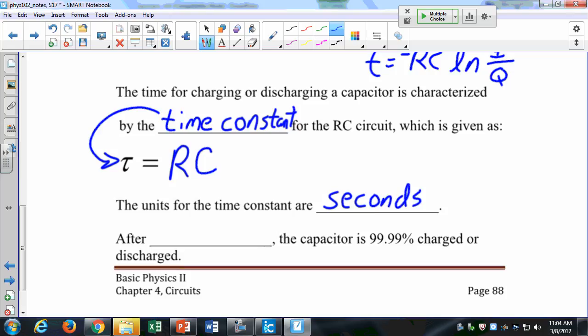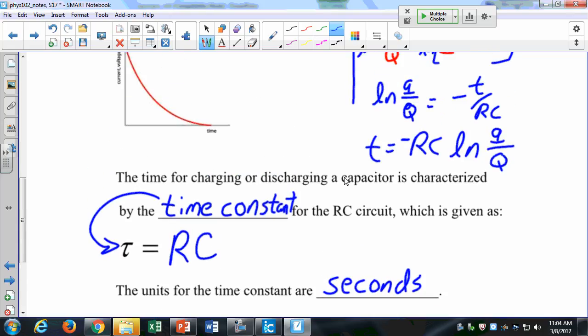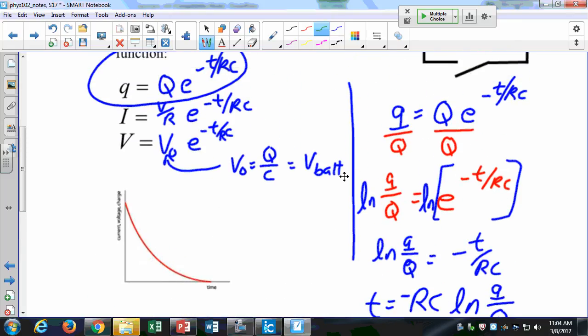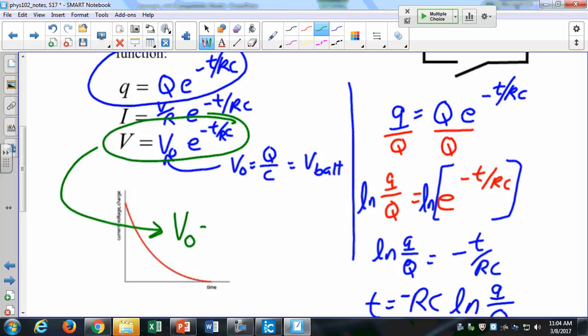If you look back at these functions, I can rewrite them. I'll come back to this, but I can rewrite it in terms of the time constant. I would say V equals V naught times e to the minus t over tau.